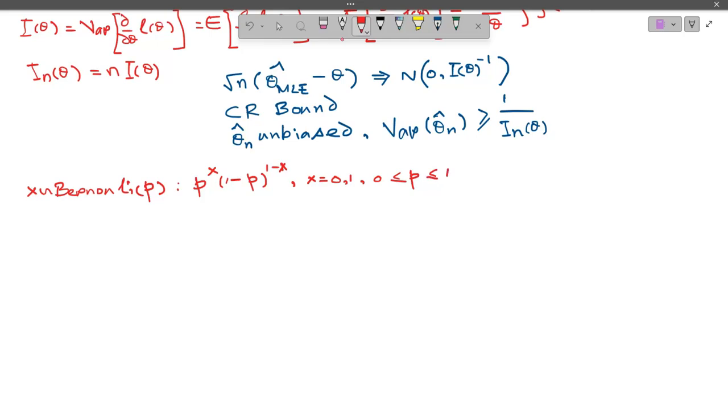Let us find out the information I p. So what is the log likelihood L p?